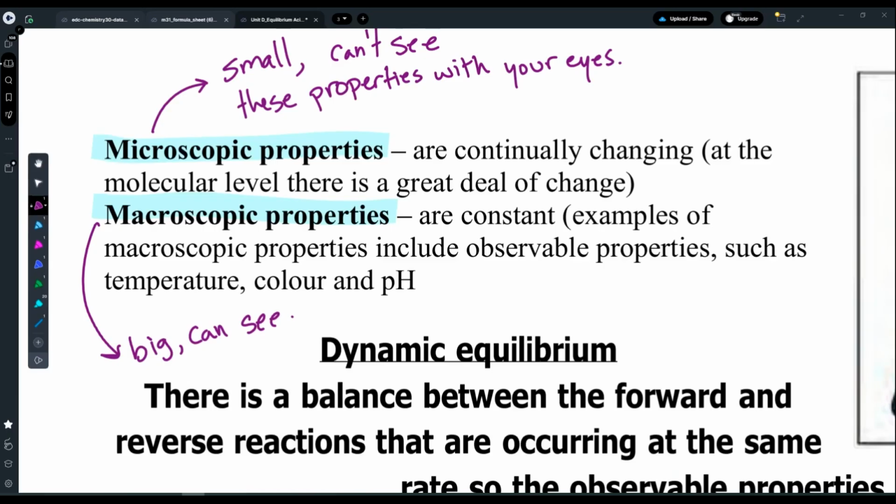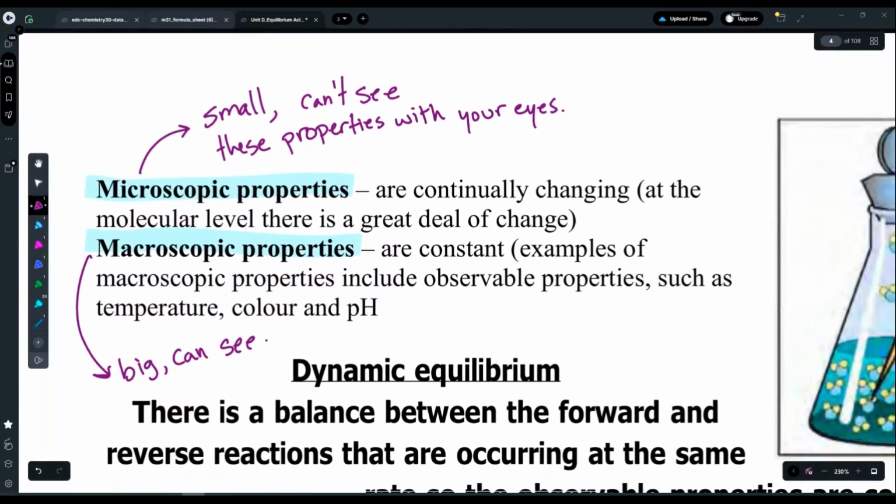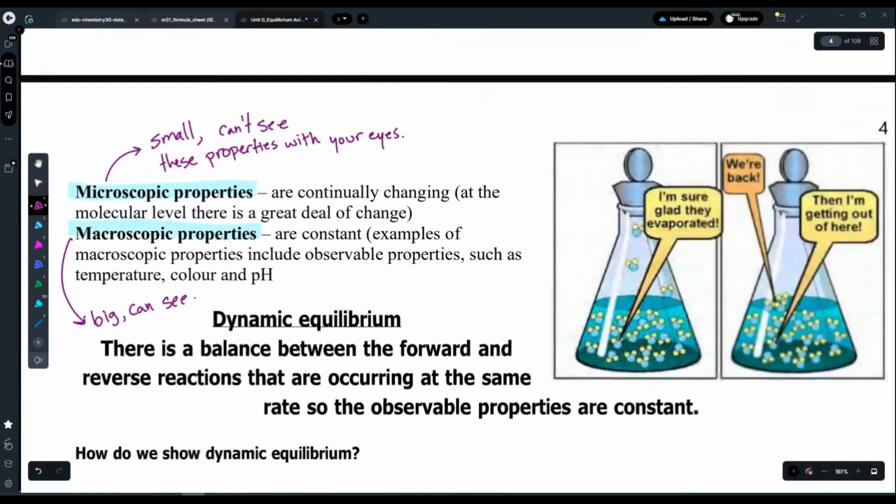Those you can see. With temperature and pH, obviously for temperature you'd need a thermometer and for pH you'd need a pH meter, but you don't need to zoom into the molecular level to see that, whereas with microscopic properties we're talking about products forming, reactants reforming, that sort of thing.